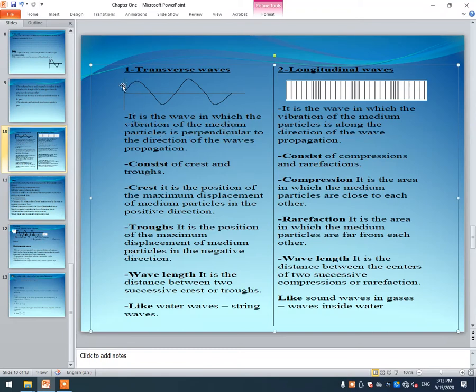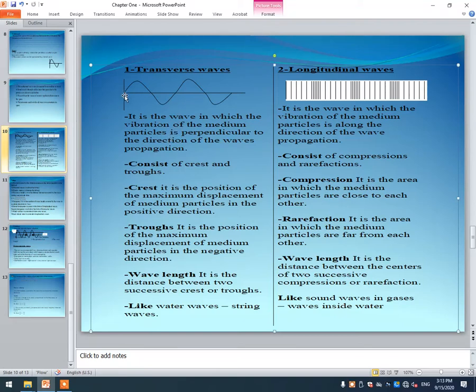The angle here between the two directions equals 90 degrees. So any wave that makes an angle of 90 degrees between the direction of wave propagation and the direction of the molecules of the medium, you will call this wave a transverse wave.